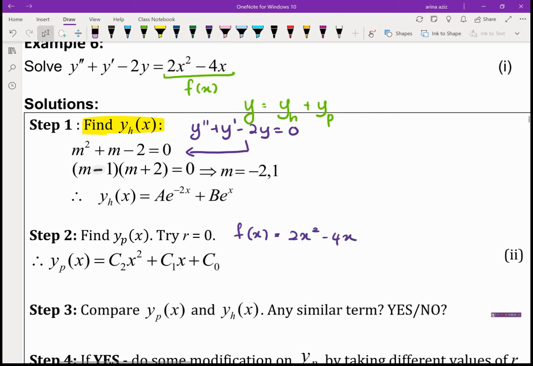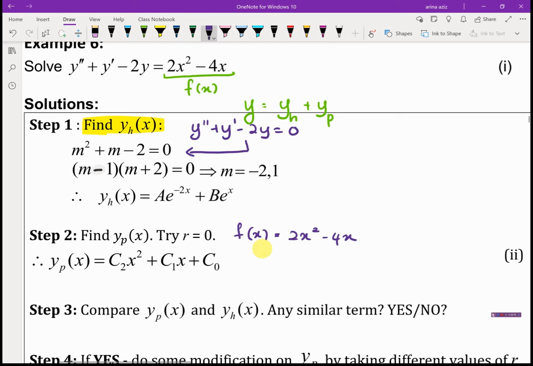So when we want to guess the yp, we will start with the highest degree, which is x squared as well. We have the coefficient of C2, and then here we have a coefficient of C1 x plus C0 x to the power of 0. So it becomes C0.